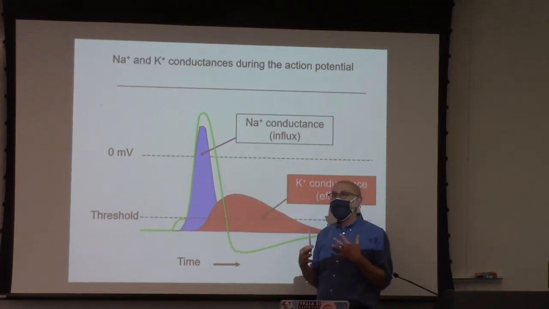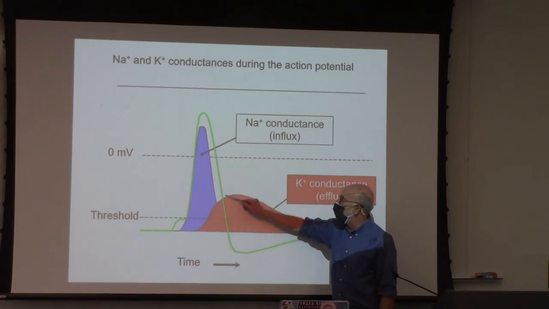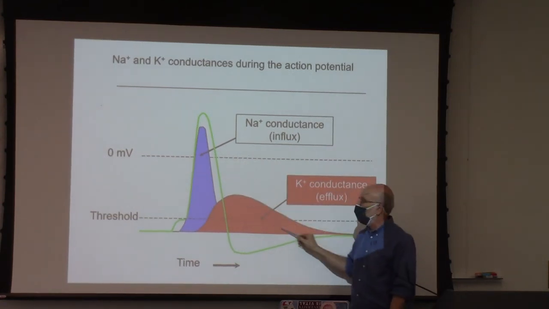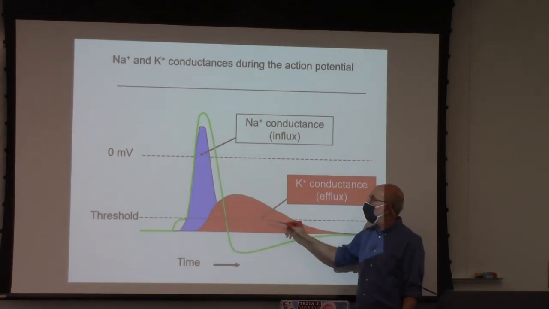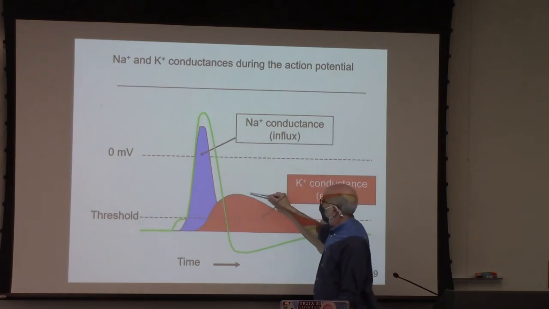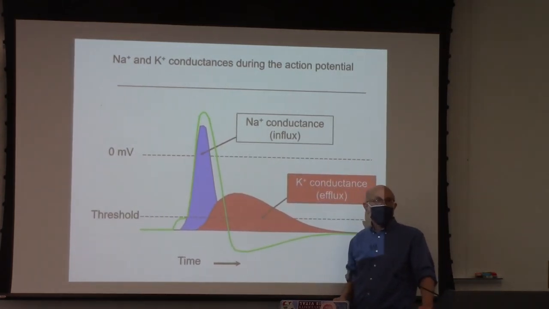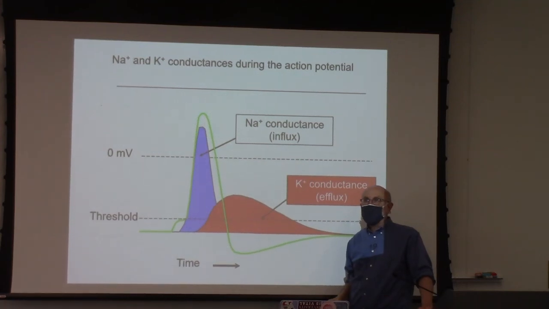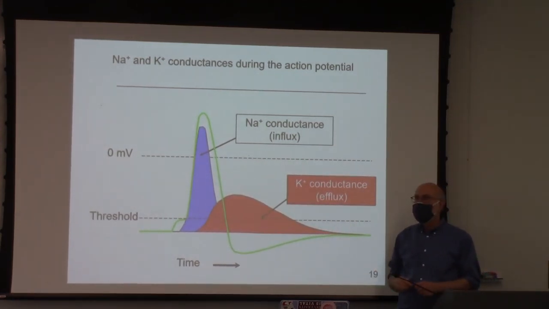So for this course, let's just think about the potassium channels that activate slowly and then close when the membrane repolarizes. So these are channels that are opened by depolarization and closed by repolarization or hyperpolarization. That's good enough for us.